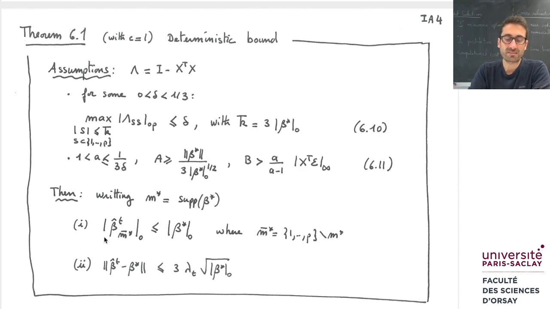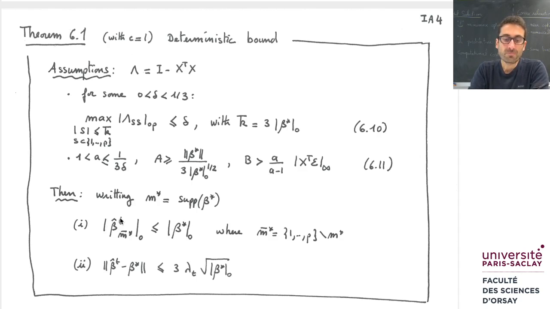The first statement holds for any value of t, from 0 to infinity: at any step t, the number of coordinates in beta at t which are non-zero and which are not in the support of beta star is smaller than the number of non-zero coordinates of beta star.